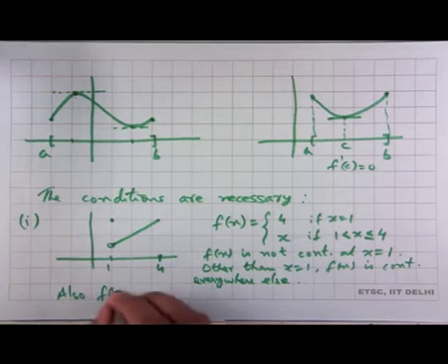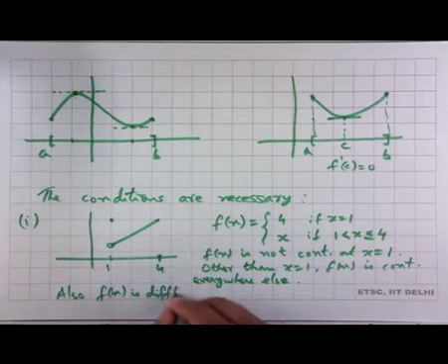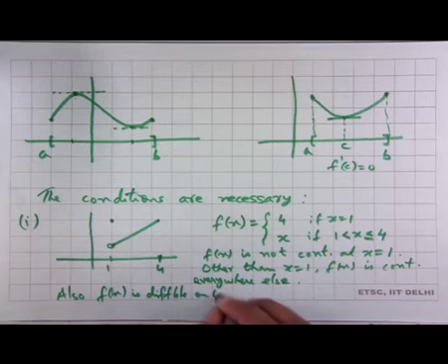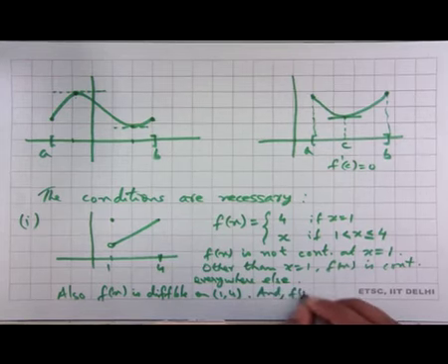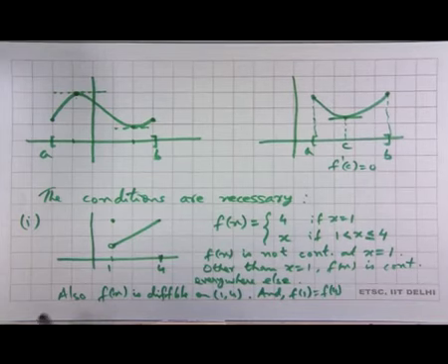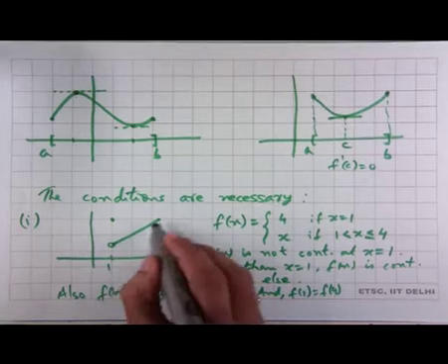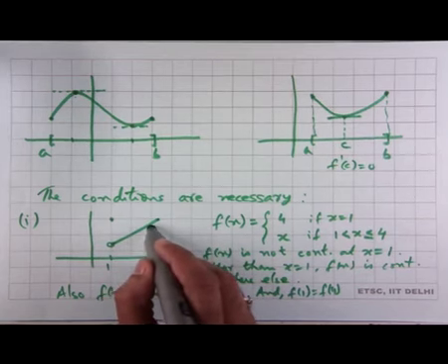This function f x is differentiable on the open interval 1 4, and f of 1 is equal to f of 4. But if you see this function, there is no point where the derivative is equal to 0.